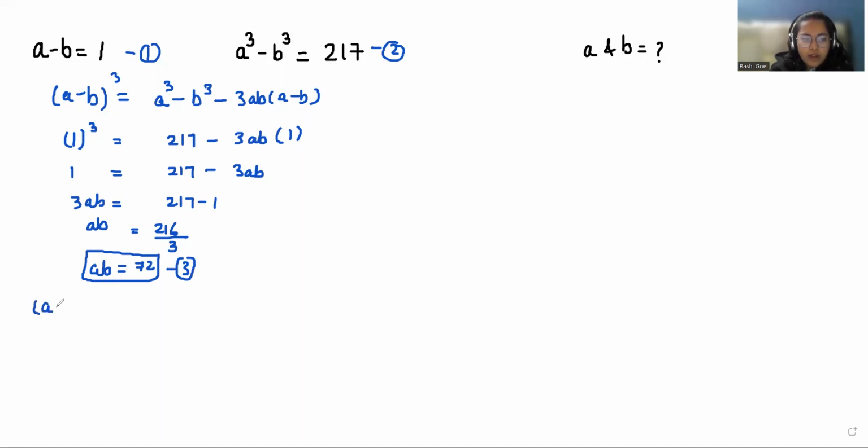Now again I'm using a very famous identity, that is a plus b whole square equals a square plus b square plus 2ab. So here I'm going to add 2ab or subtract 2ab from this equation, and this remaining plus 2ab.